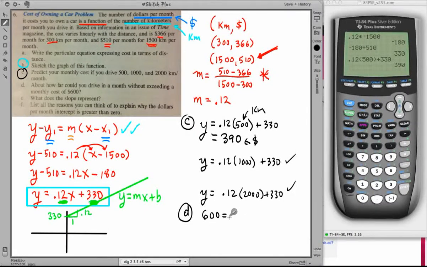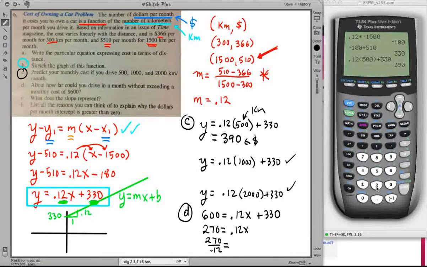So that'll be 600 equals 0.12x plus 330. Subtract 330 from each side yields 270 equals 0.12x. Final step, 270 divided by 0.12. That'll tell us our value for x.